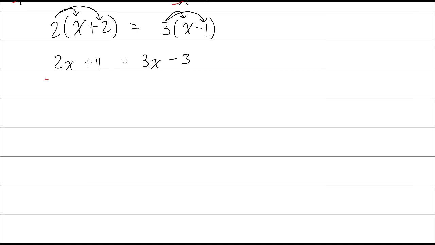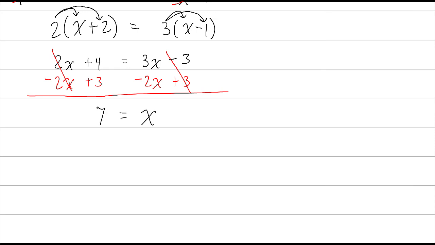I'm going to subtract 2x from both sides, so I cancel it out on the left. That's going to bring my x to the right side. So I need to get rid of this minus 3. So I'm going to add 3 to both sides. So this cancels, and that cancels. 3 plus 4 is 7. 3x minus 2x is just x. So 7 is my potential solution.